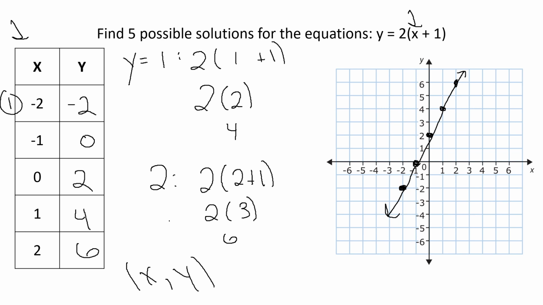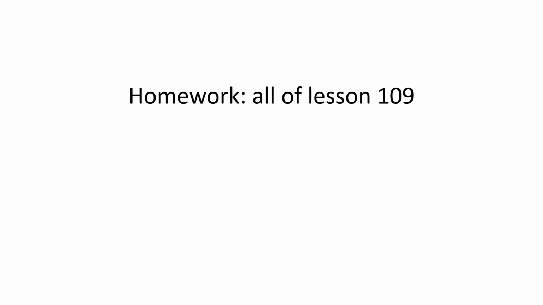So there's your steps on all of those. So here's the reality of the situation. I actually just taught you lesson 109 and 110 together. 109 was supposed to just be the T-charts. 110 was supposed to be the graphing of those T-charts. So here's what we're going to do. I don't want to remake my whole video, which means you're going to do all of lesson 109.